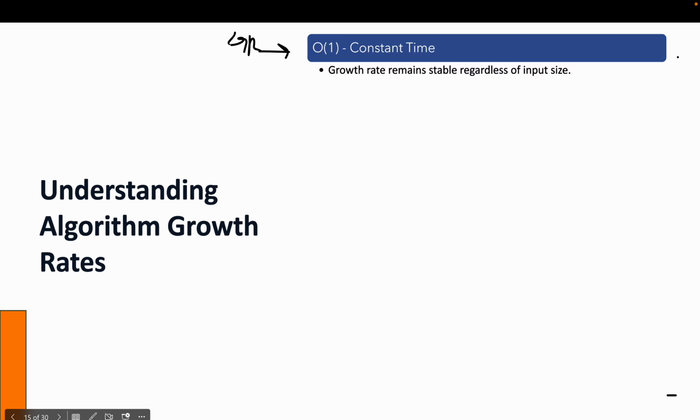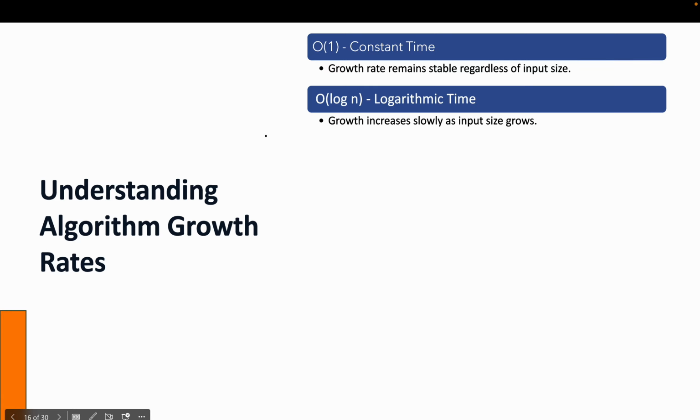It means that as we go down this list, the growth rate of the function increases. So first of all, we have the constant time. As I said, it remains stable regardless of input size. So this growth rate is 0, and it's the least one.